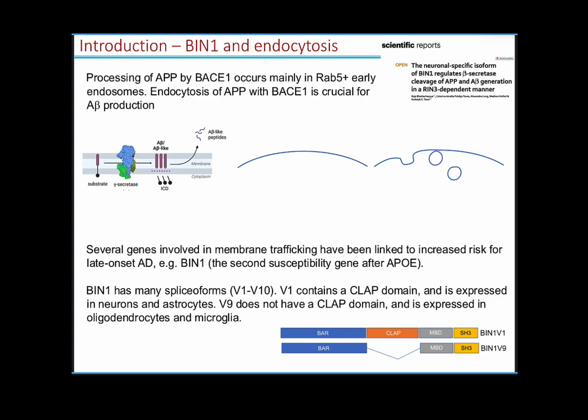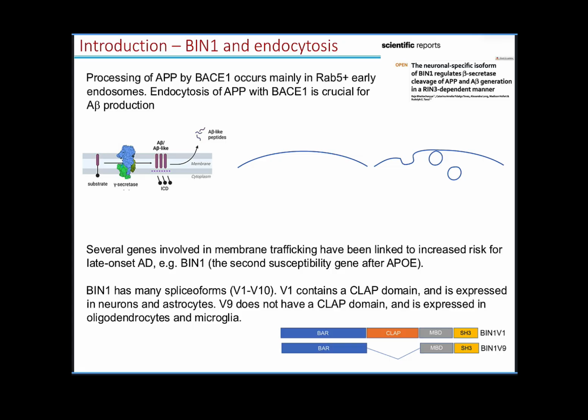So in this case, what's of most interest to these authors are V1, shown here in a cartoon manner with its domains, and notably the big difference between V1 and this other version that they're interested in, V9, is that V1 has a CLAP domain and V9 doesn't. Why do we care about V1 and V9?